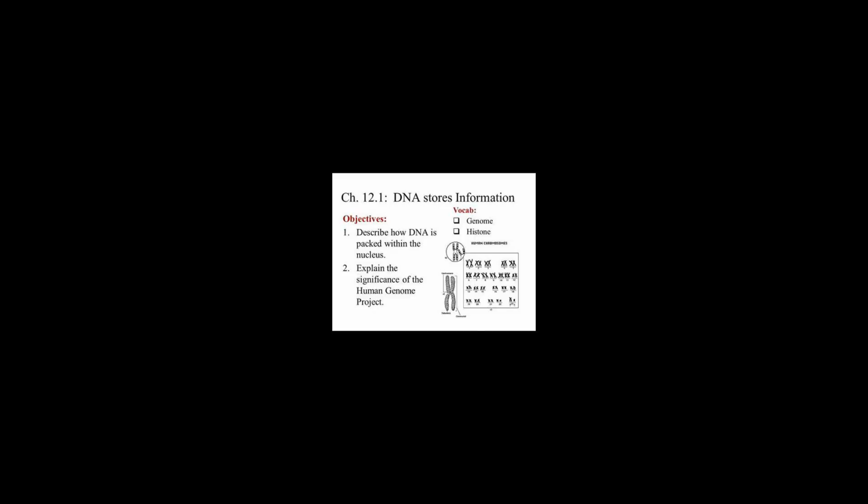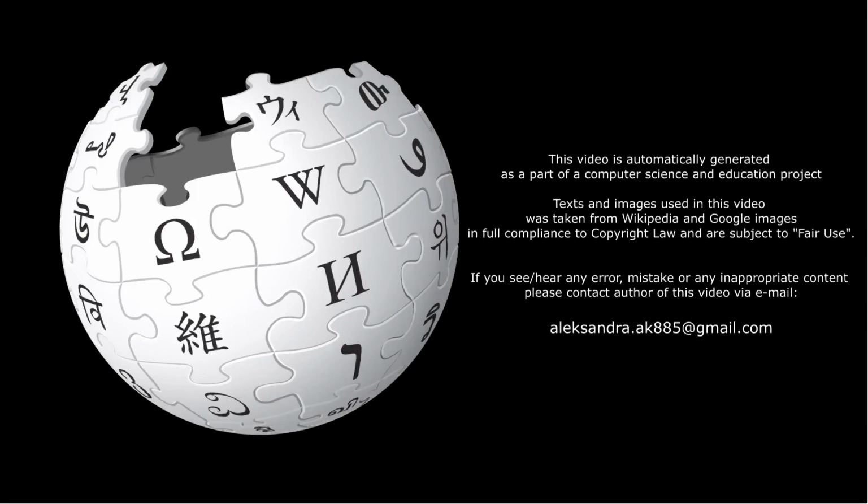Numerical abnormalities, also known as aneuploidy, often occur as a result of non-disjunction during meiosis in the formation of a gamete. Trisomies, in which 3 copies of a chromosome are present instead of the usual 2, are common numerical abnormalities. Structural abnormalities often arise from errors in homologous recombination.